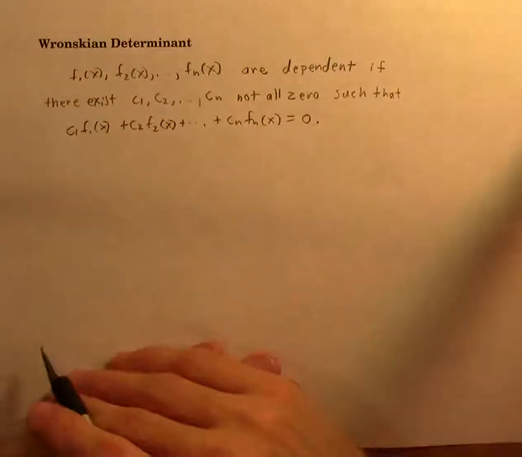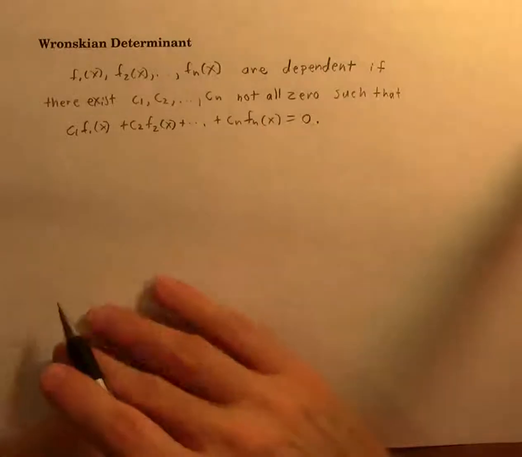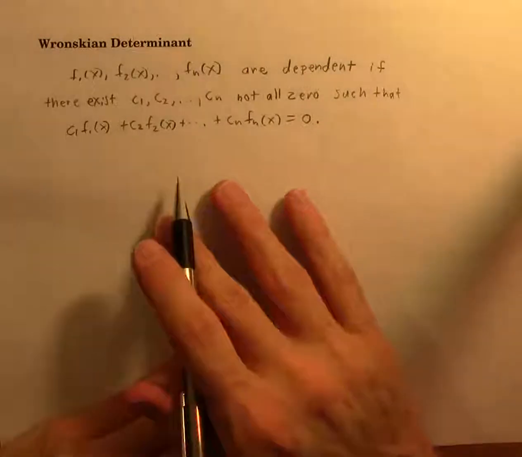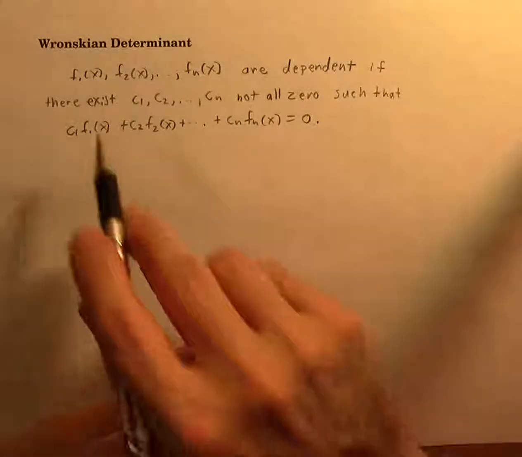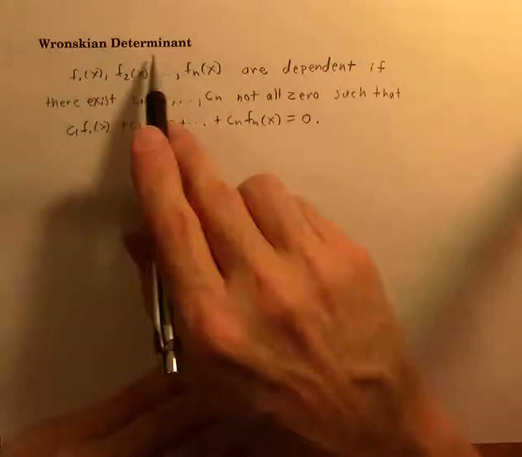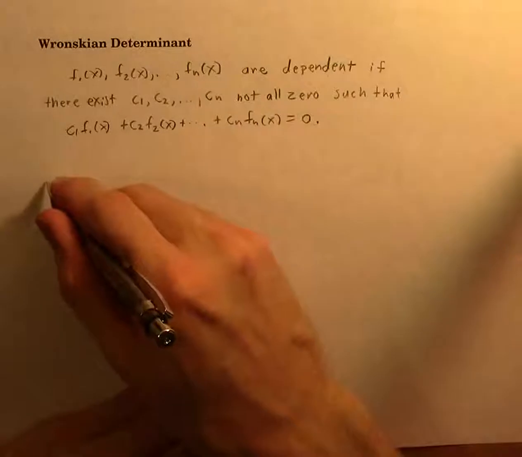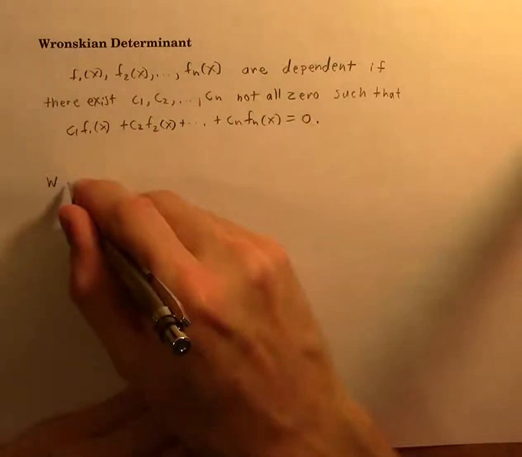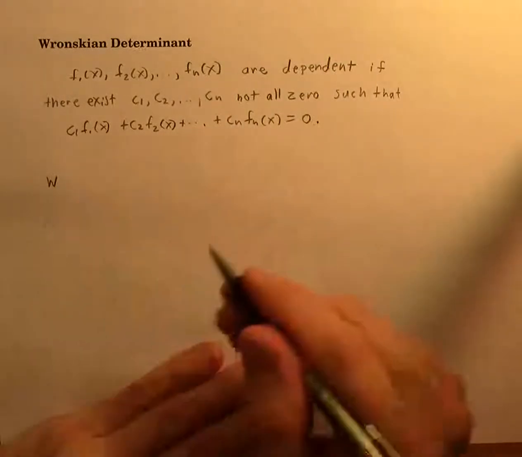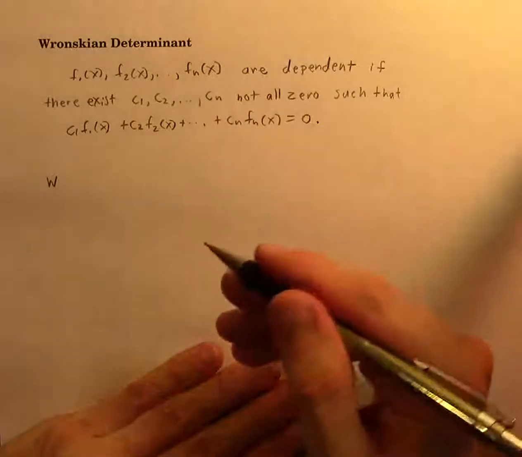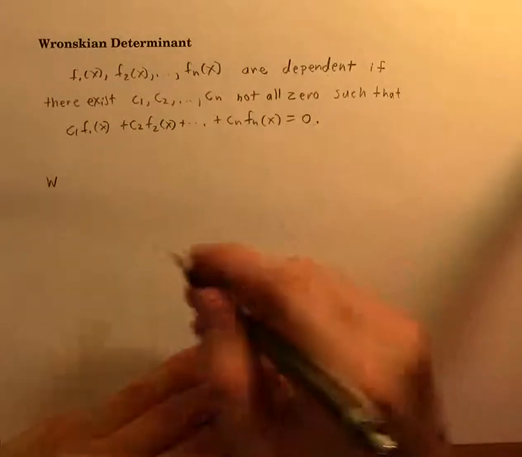What we need to do now is to look at a better way of determining independence or dependence for functions. And so that's where we get to a topic called the Wronskian determinant. The Wronskian determinant is just defined as follows. To keep this a little bit simpler, I'm going to assume that we only have 3 functions.